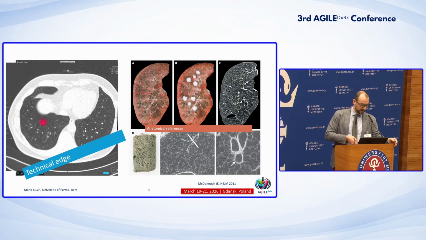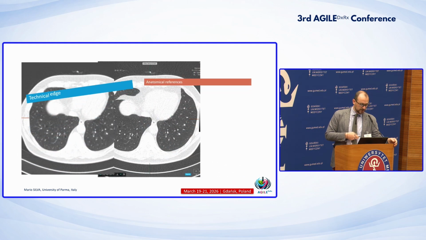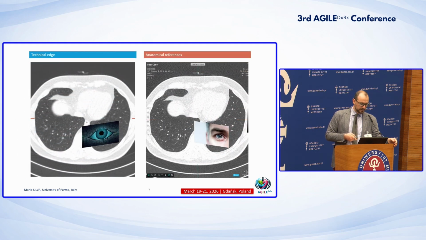We're now playing on the technical edge of the instrument that we are using, which is CT, and so these data need to be prepared for this specific task. So what we can do in our clinical practice is have a reconstruction for visual reading and a reconstruction for quantitative reading.